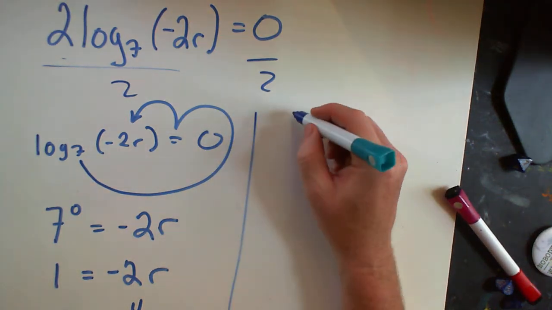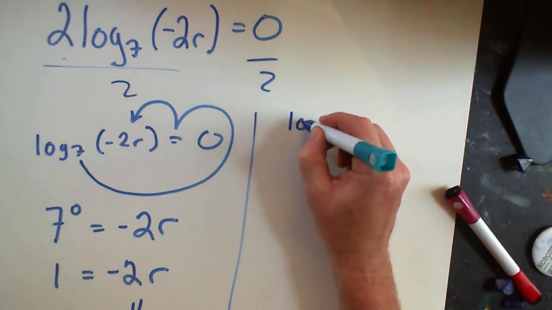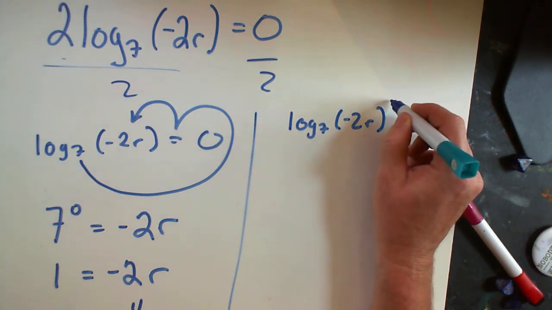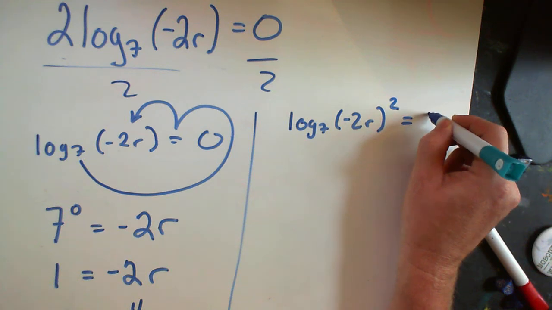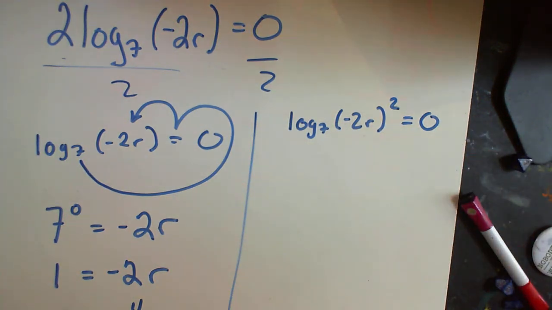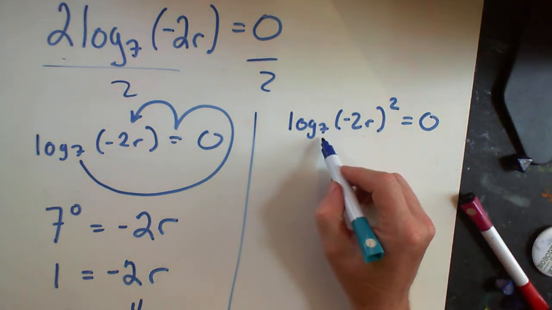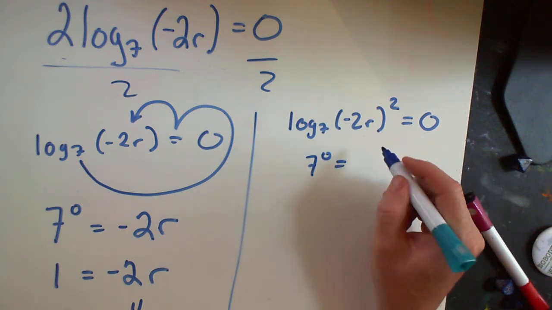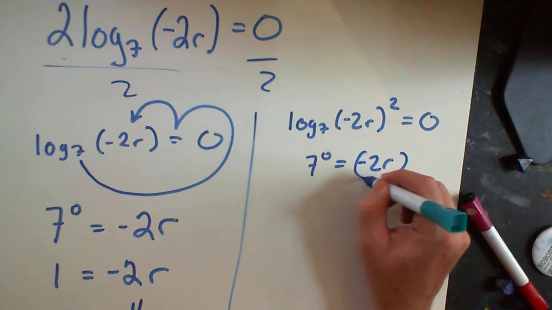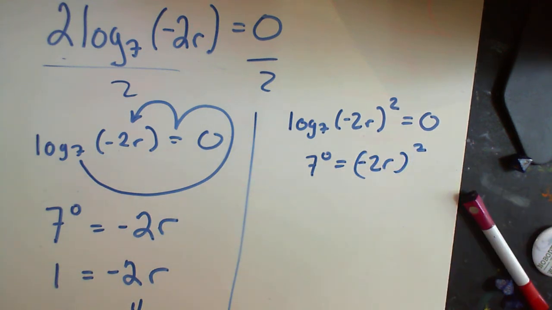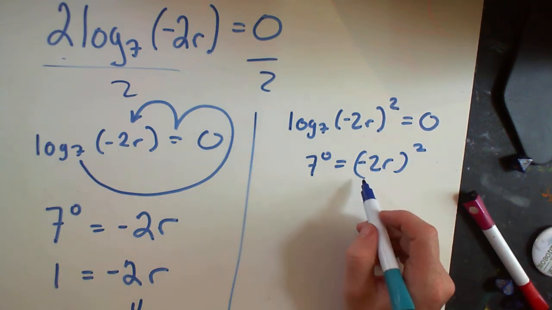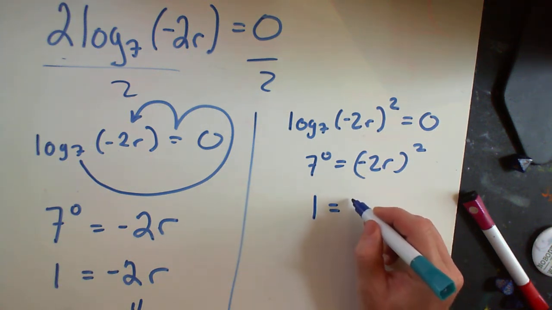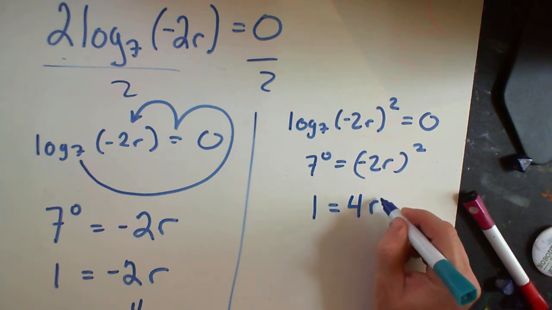So as an alternate method, we'll make it log base 7 of negative 2r squared equals 0. 7 to the 0 power equals negative 2r squared. 1 equals 4r squared.